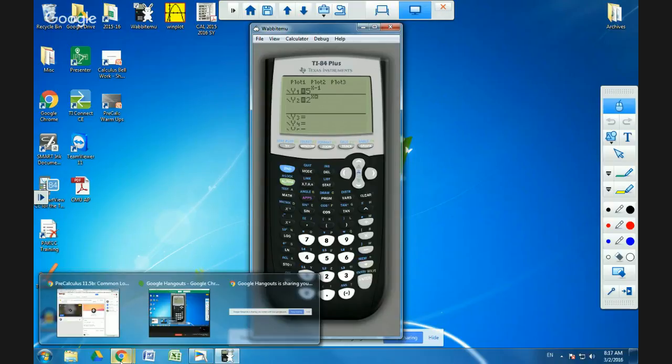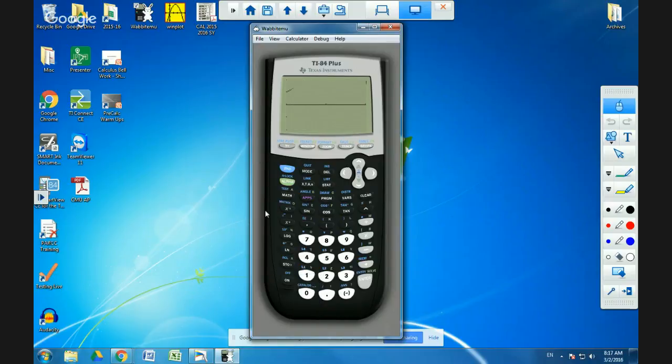Okay, so we graph both equations. And, oh, my window is... Zoom standard, or zoom fit. And you can see where they intersect. So second trace, calculate.